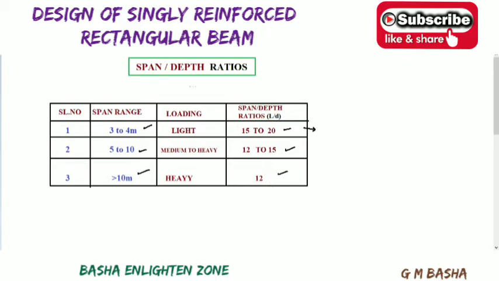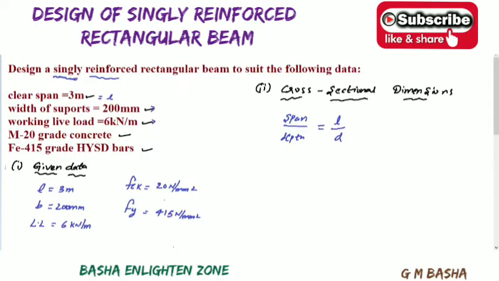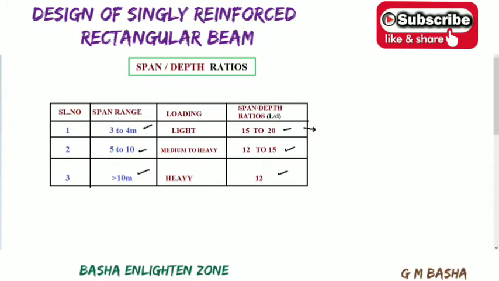All these are important note points you have to remember before going to the design. In our question the clear span is 3 meters, therefore I am taking the range of 15 to 20, because our span range is 3 to 4 meters. For example, if they mention your span is 5, 6, 7, 8 or 10 meters, we can select L by d equal to 12 to 15. Greater than 10 meters, we can select 12.